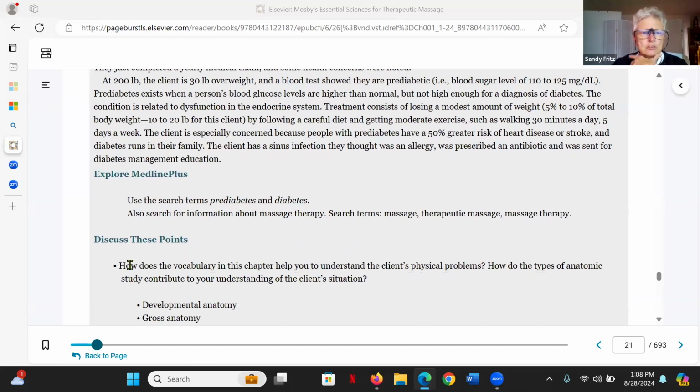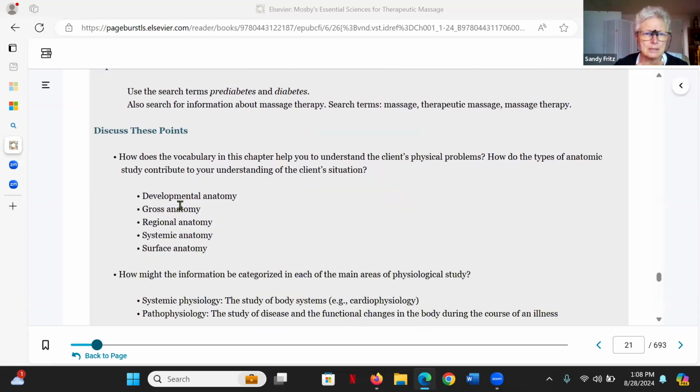And then this little question here, how does the vocabulary help you understand a client's physical problems? How do the types of anatomic study, your anatomy study, contribute to your understanding of the client? So here's your surface anatomy, your gross anatomy.